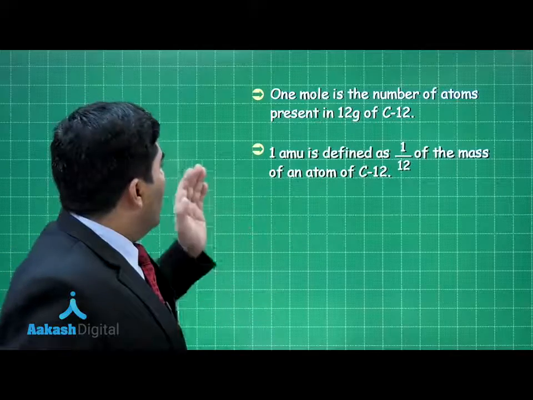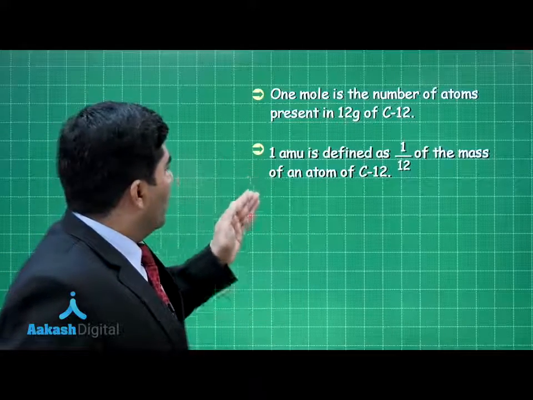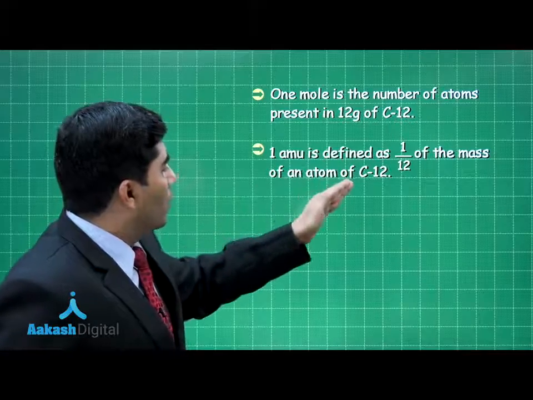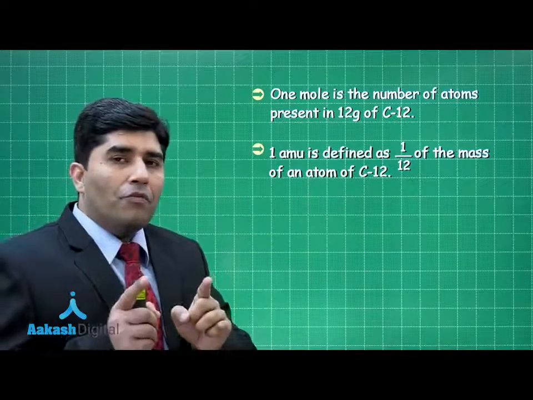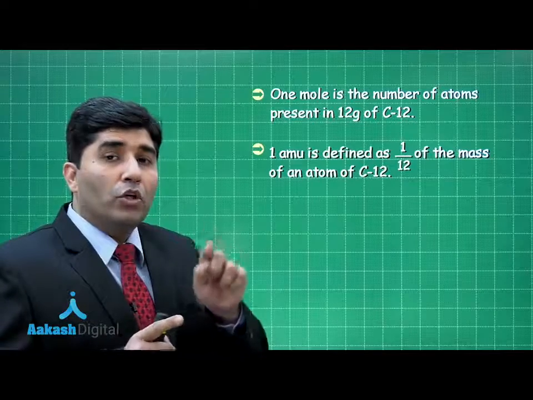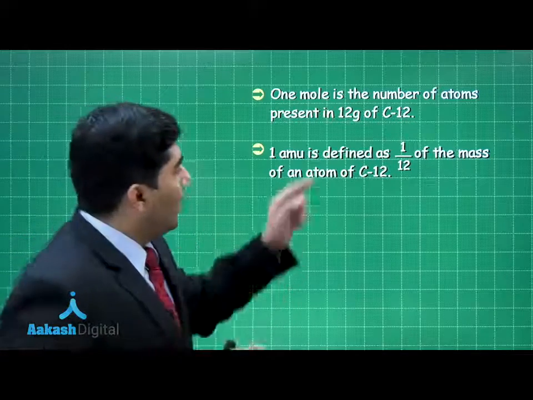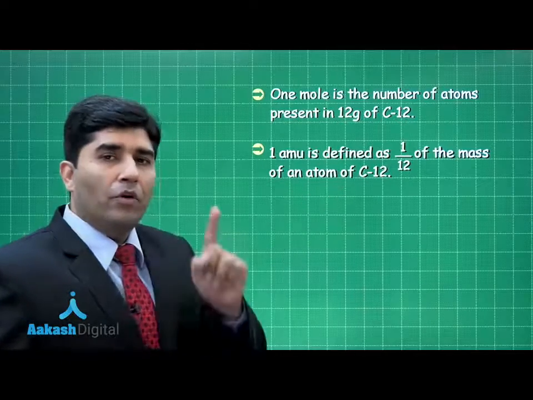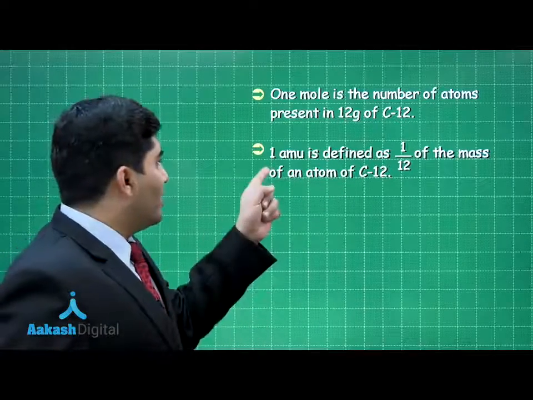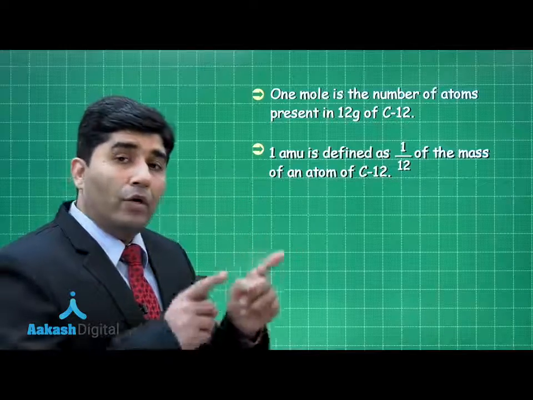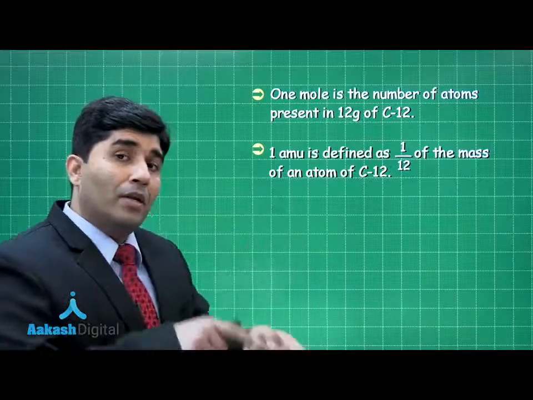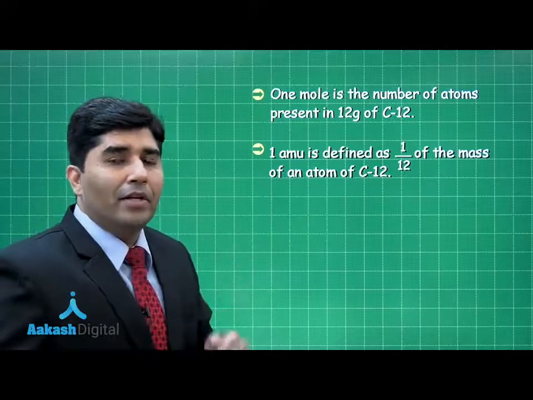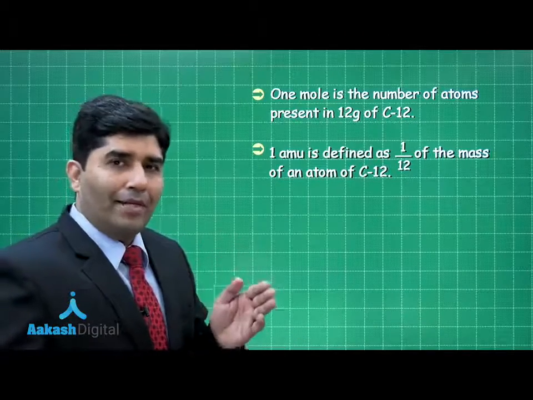Now 1 AMU is defined as 1/12 of the mass of the atom of C12. Mass of one carbon atom is 12 AMU, and if we take 1/12 of 12 AMU, it will be 1 AMU. So this is the meaning of 1 AMU. I could tell you these definitions earlier, but now you will understand these definitions better, right?